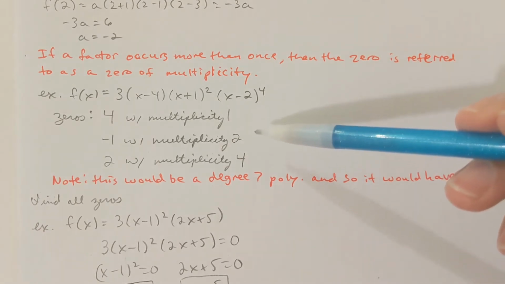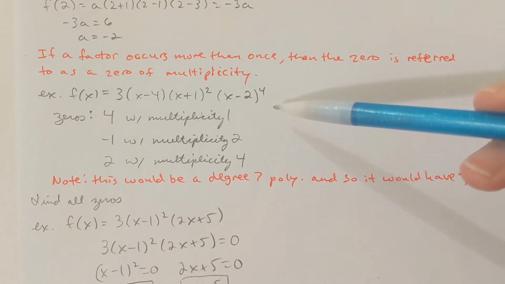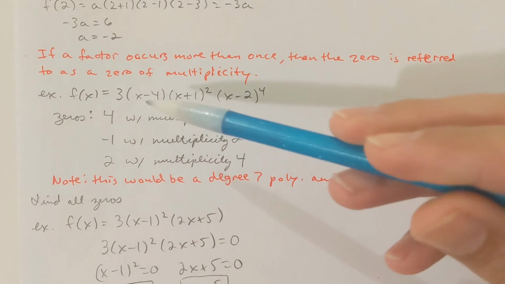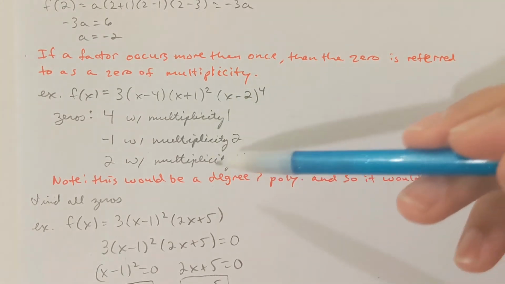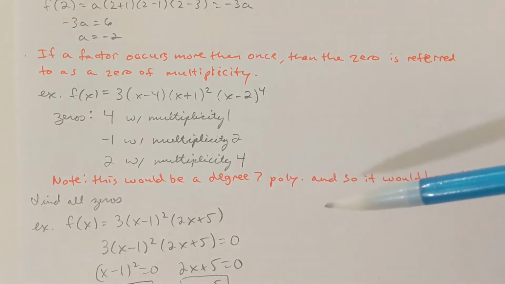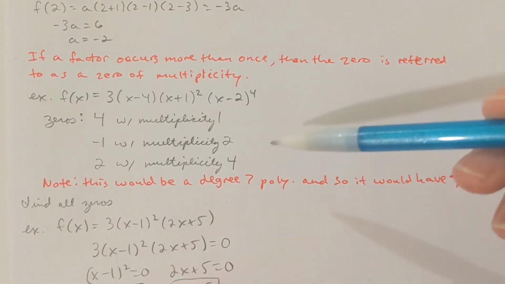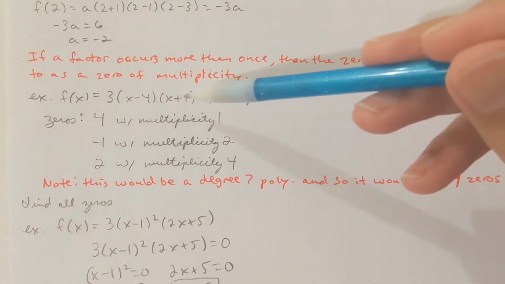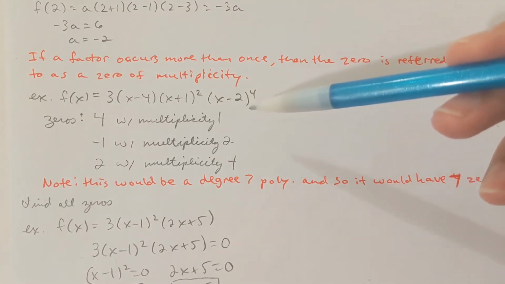So all I'm doing is I'm looking at the zero and then the power of the factor to get the zero of multiplicity. Notice that 3 has nothing to do with anything that I'm doing with identifying a zero of multiplicity. Note that this would be a degree 7 polynomial. Okay, if I were to factor this out, I'd have a degree 2 times a degree 1 times a degree 4.